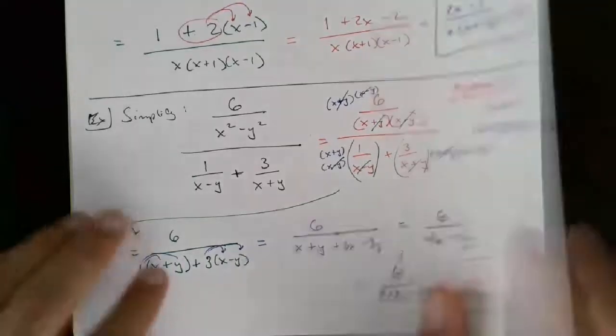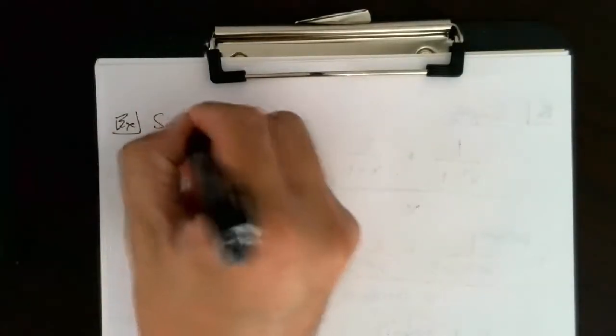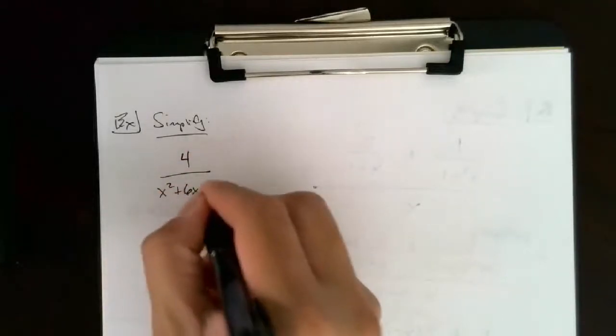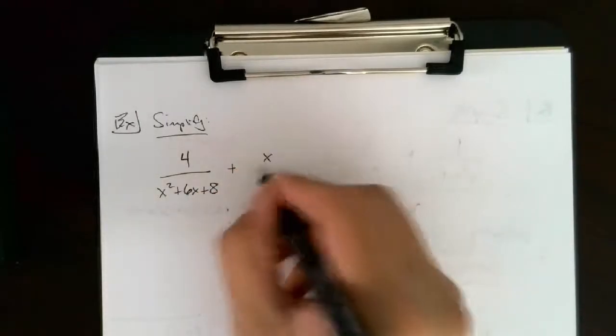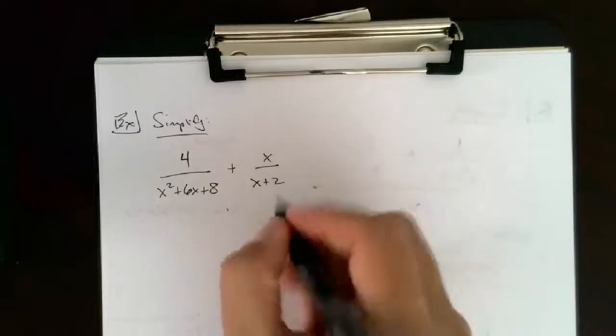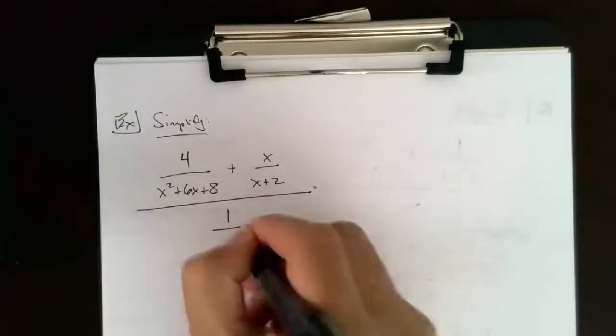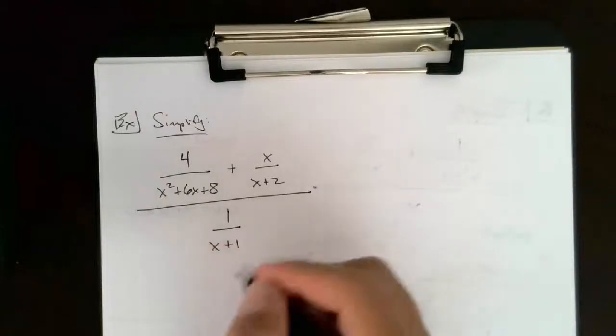So if I said to simplify this one here, if I had 4 over x squared plus 6x plus 8 plus x over x plus 2, all over 1 over x plus 1.